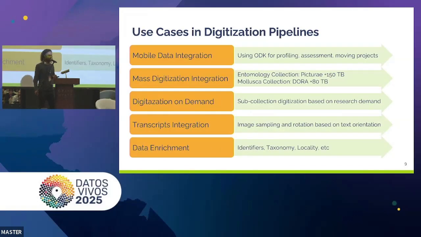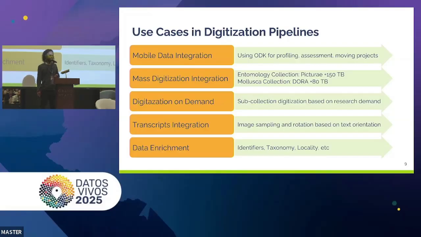As a use case, in the last 4 years, Data Hub has been used in many projects in our museum, from mobile data integration to mass digitization. I'm talking about data integration of hundreds of terabytes of data and images.